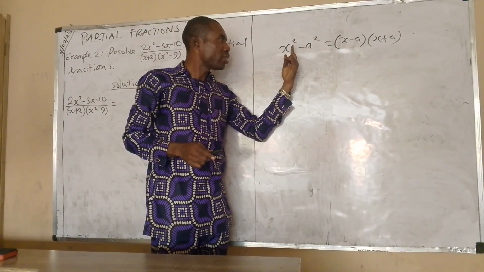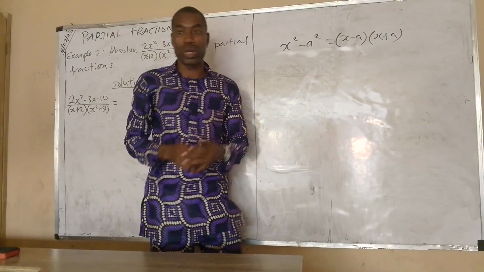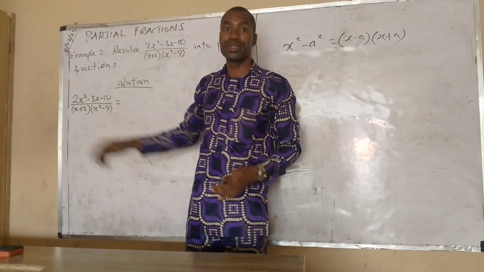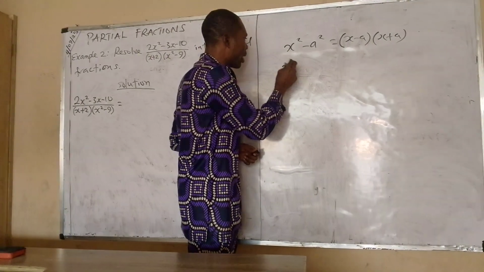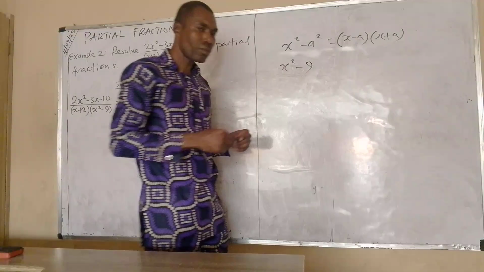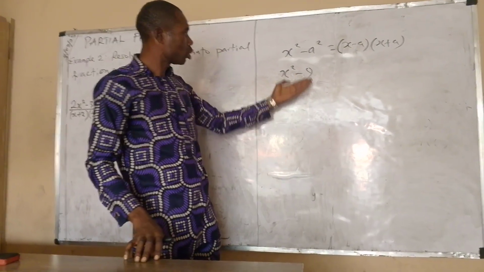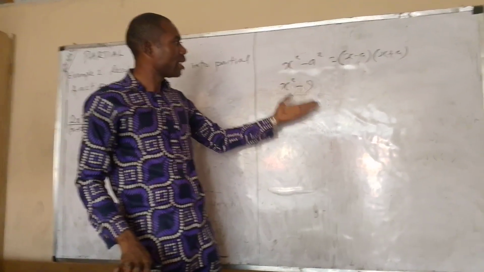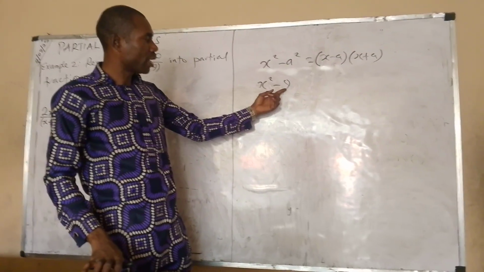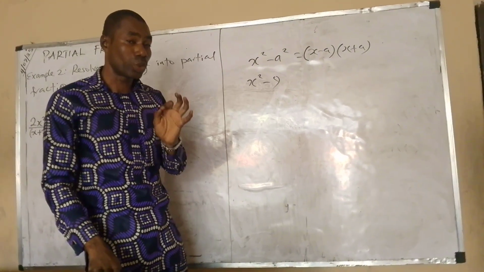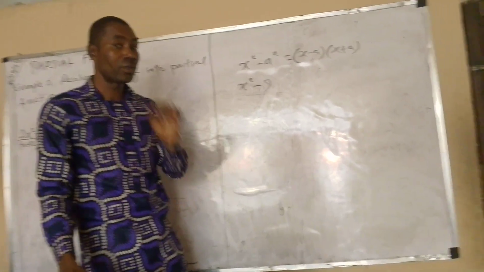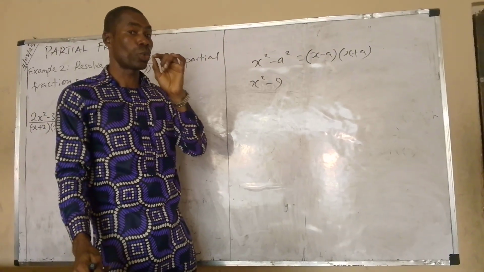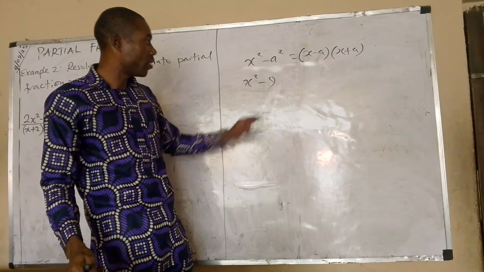Now, we will apply this knowledge of difference of 2 squares to this quadratic factor. Here we have x squared minus 9. Now you might ask me, there is no square here, so how do I apply this knowledge? Can I turn 9 into a number with a square? Yes. What's that number? 3 squared. That is the only way I can factorize this.